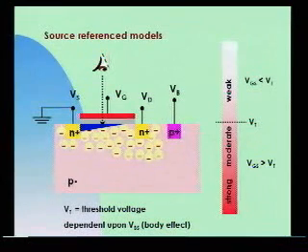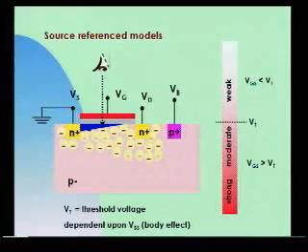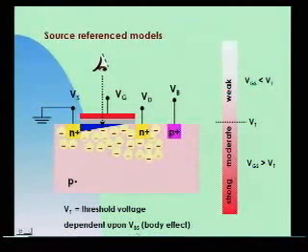Then you will analyze the level of inversion by a comparison between the gate voltage and the threshold voltage. That is a parameter dependent upon the bulk voltage because of the body effect.